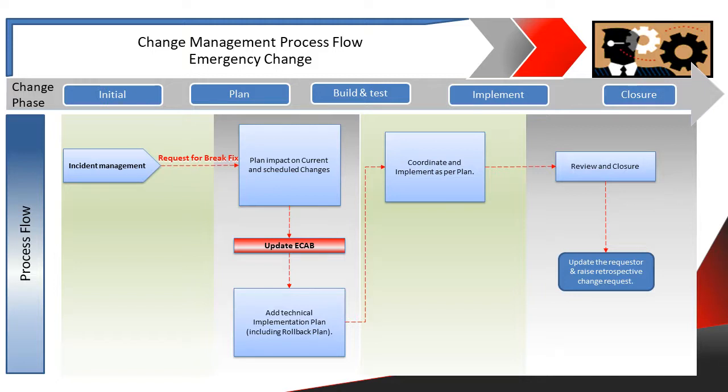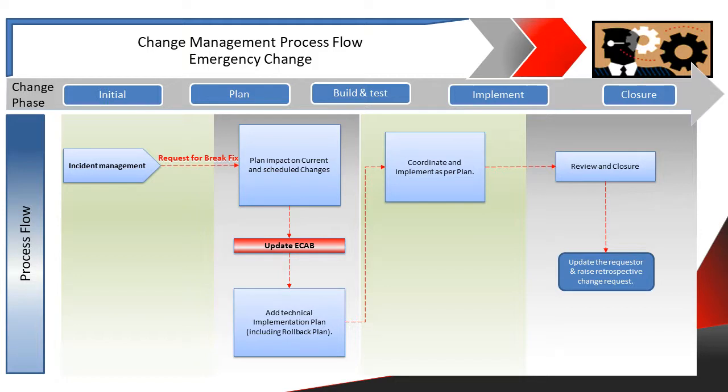Once it is approved and updated to all the stakeholders, the technical implementation plan should include step-by-step what needs to be done, and it should also include a rollback plan. This is very critical. If we are not able to implement the change as planned, that's why we have a technical implementation plan.